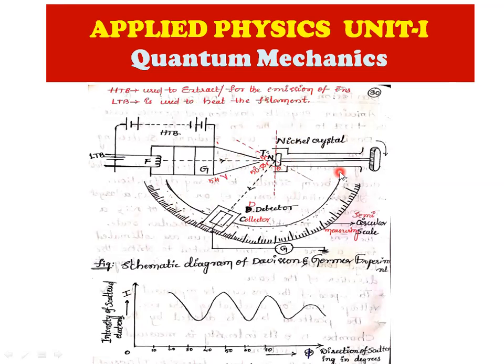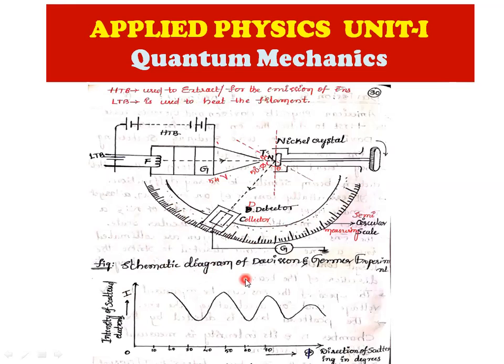On the semicircle you have a Faraday cylinder. It acts as a detector or collector, connected to ground through a galvanometer, which measures a very sensitive current. That is the flow of scattered electrons, and it can be moved freely on the graduated scale.